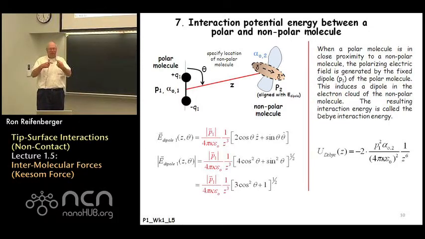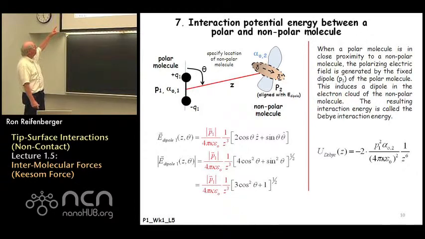So these calculations just get more complicated. You have to have an expression now for the electric field produced by a permanent dipole, and the expression for the electric field produced by a permanent dipole, again, is a formula that's derived in your second class of electricity, of electrostatics.